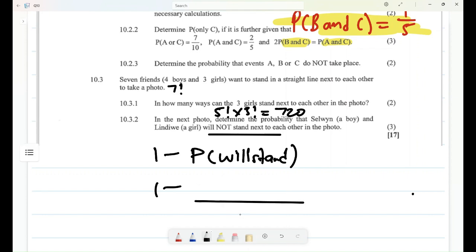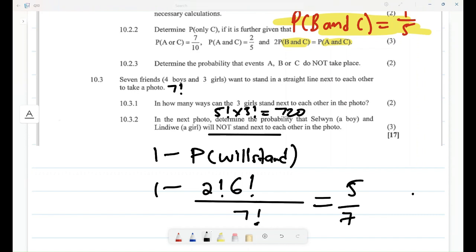Now you're going to divide by all of them. So now there are 2 ways in which they can sit next to each other. And since when they are 7, they can rotate 6 times, you can also do what I showed you. So you get your answer as 5/7. Okay? Yes, this is what you get.